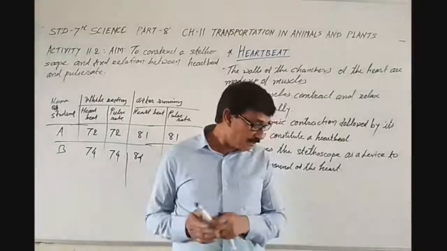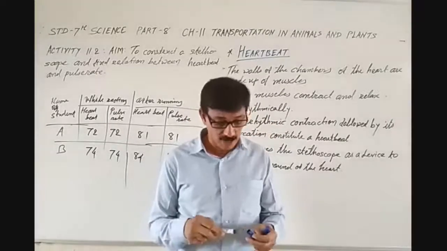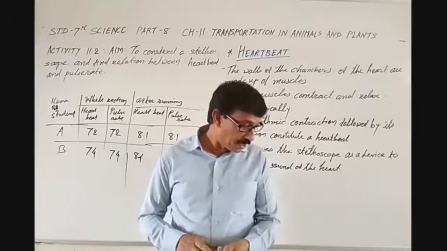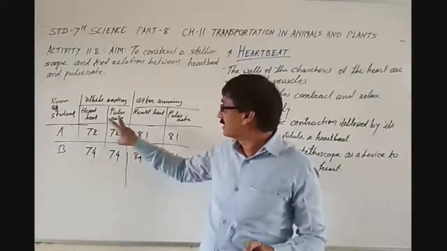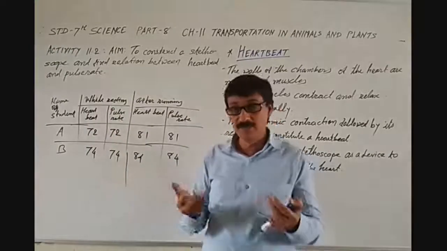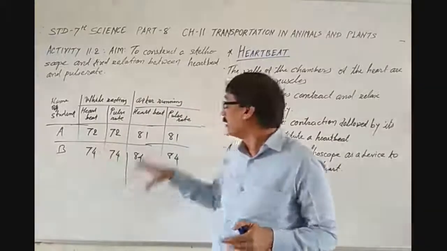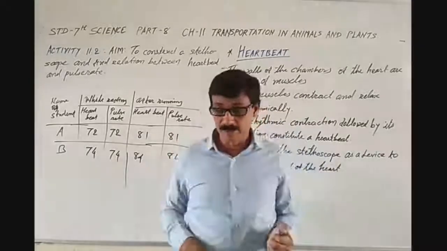The heartbeat and pulse rate are the same when counted, isn't it? While resting and after running, we can see that both are the same. While resting, if you count heartbeat and pulse rate, it will be the same. And after running also, the heartbeat and pulse rate will be the same.